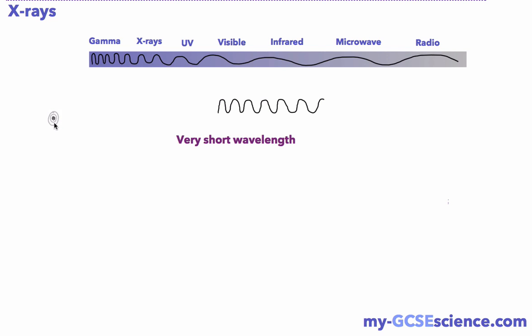So here's a rather badly drawn sketch of an atom, but if you look at the wavelength, you can see it's round about the size of this atom, and that's a key point that you need to remember.